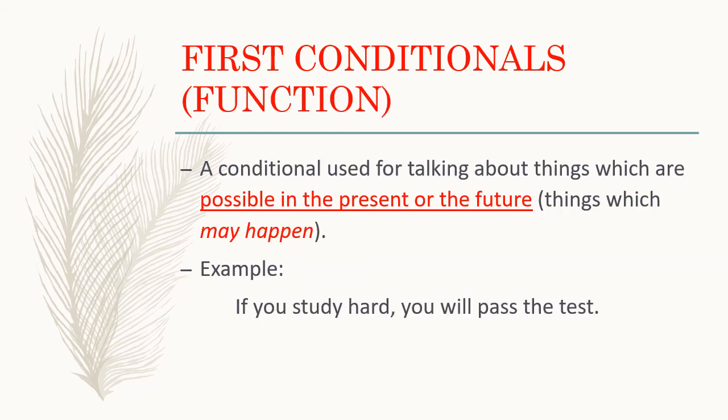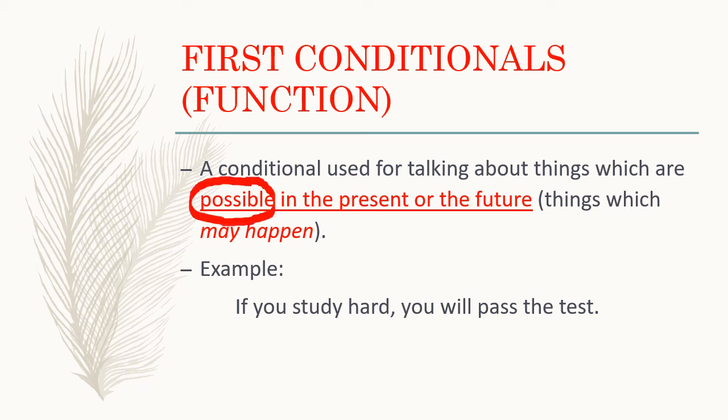Now for the use. First conditionals are conditionals used for talking about things which are possible in the present or the future. Kagina ang zero conditional naton, that is for, or those are for general truths. Scientific facts and general truths. Ang first conditionals naman naton, let's highlight the word possibility.